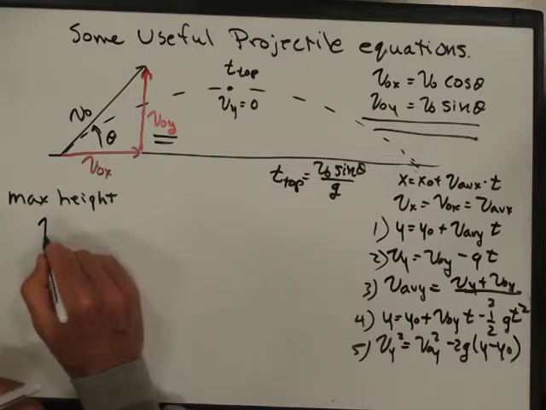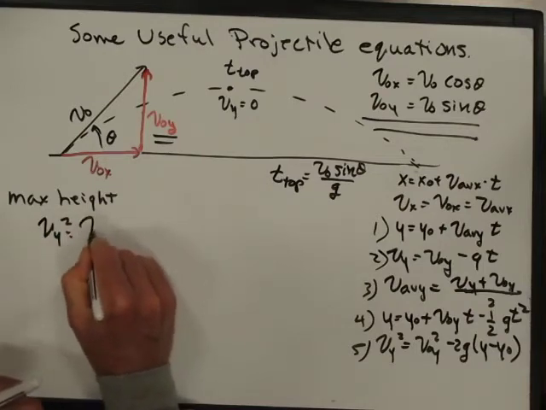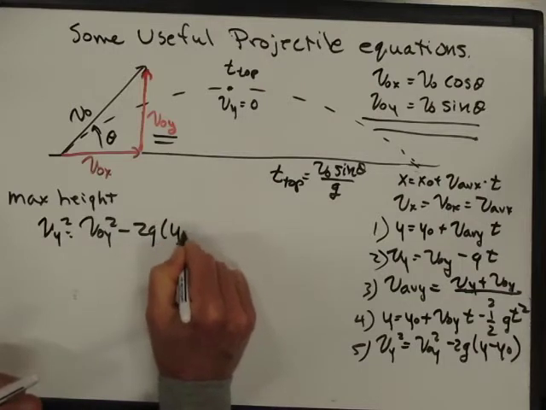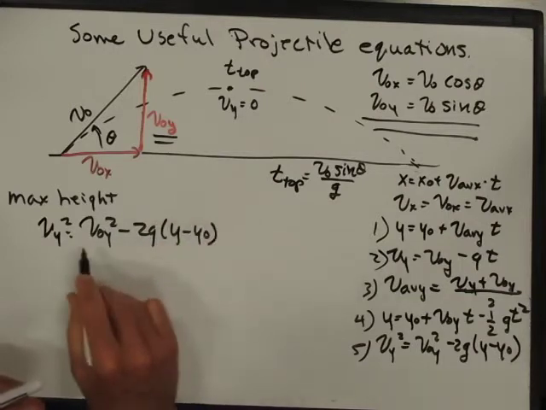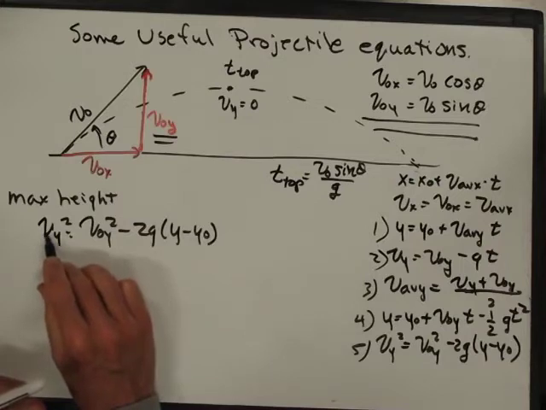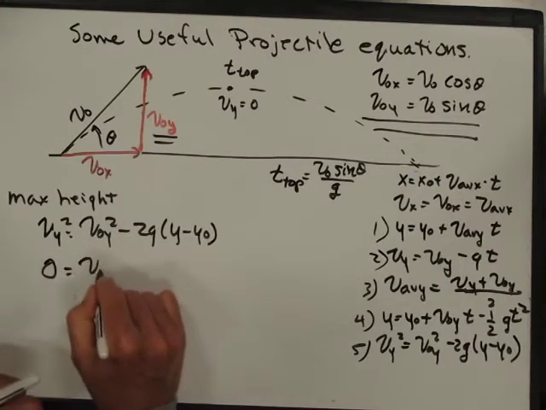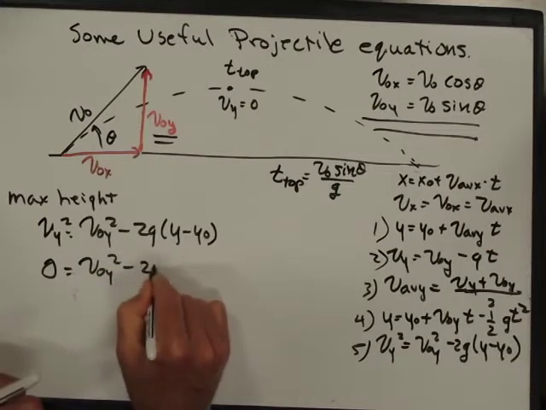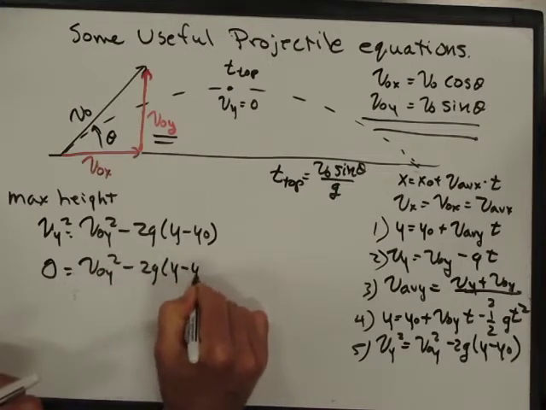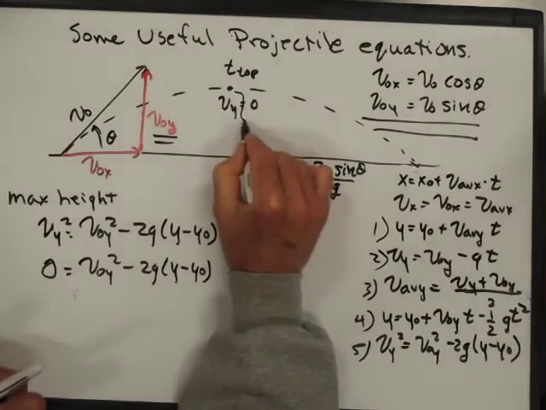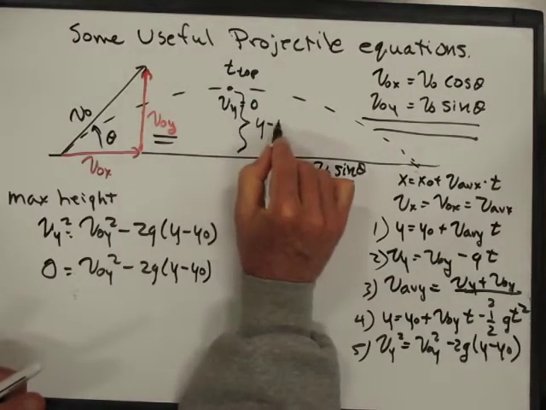Equation 5 says vy squared is equal to v naught y squared minus 2g times y minus y naught. Well, at the top, vy is 0, and so this would just be 0 is equal to v naught y squared minus 2g times y minus y naught, right? What we want is this height now. That's what we're asking about. And that's y minus y naught, right?